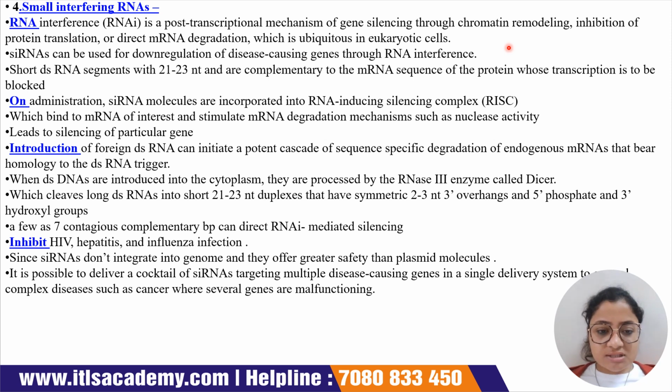It happens everywhere in the eukaryotic cells. Now, the small interfering RNAs or the siRNAs can be used for down regulation of disease causing genes through RNA interference. Down regulation means basically inhibiting those genes which are responsible for causing the disease. They are short double-stranded RNA segments with 21 to 23 nucleotides and are complementary to the mRNA sequence of the protein whose transcription is to be blocked.